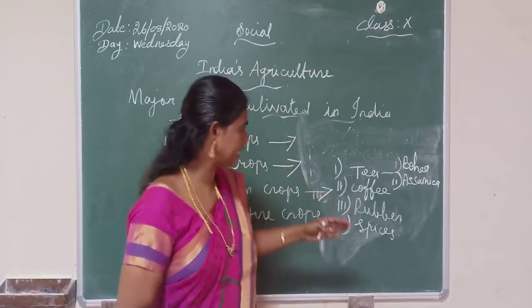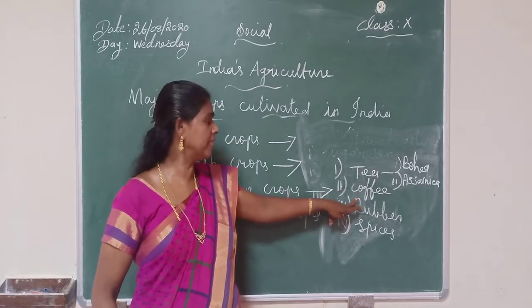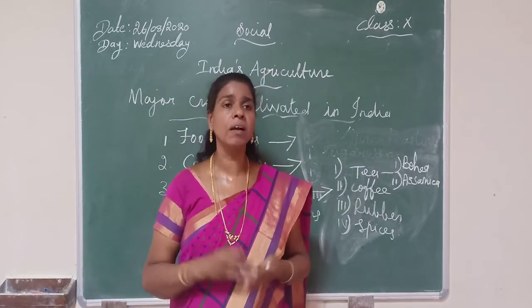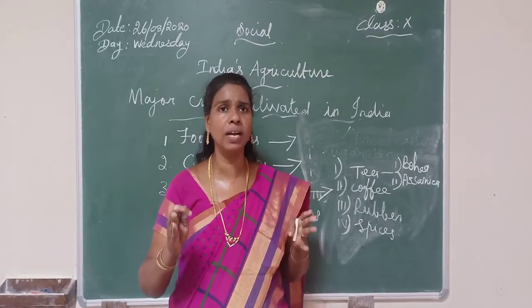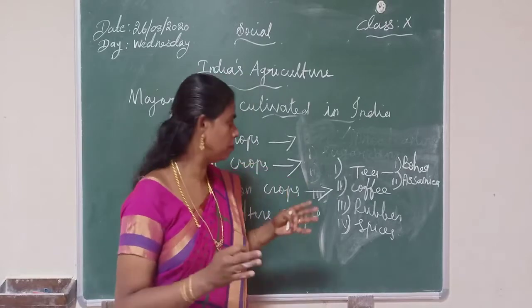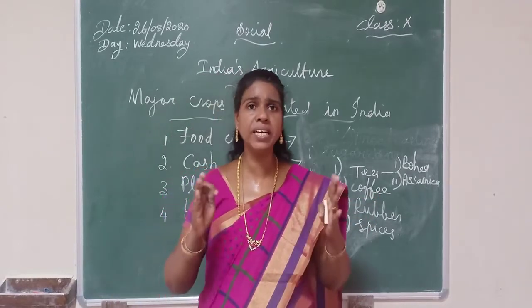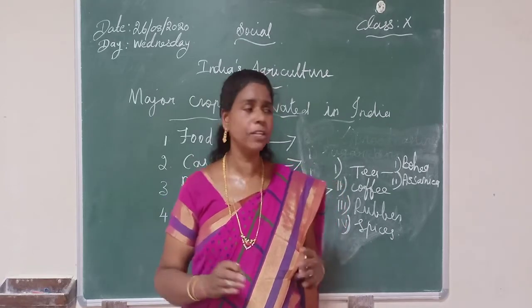Okay. Then the next one is coffee. Coffee is a beverage. That is one of the plantation crops of India. Coffee is also grown well in shade. This coffee has two varieties. They are Arabica and Robusta.